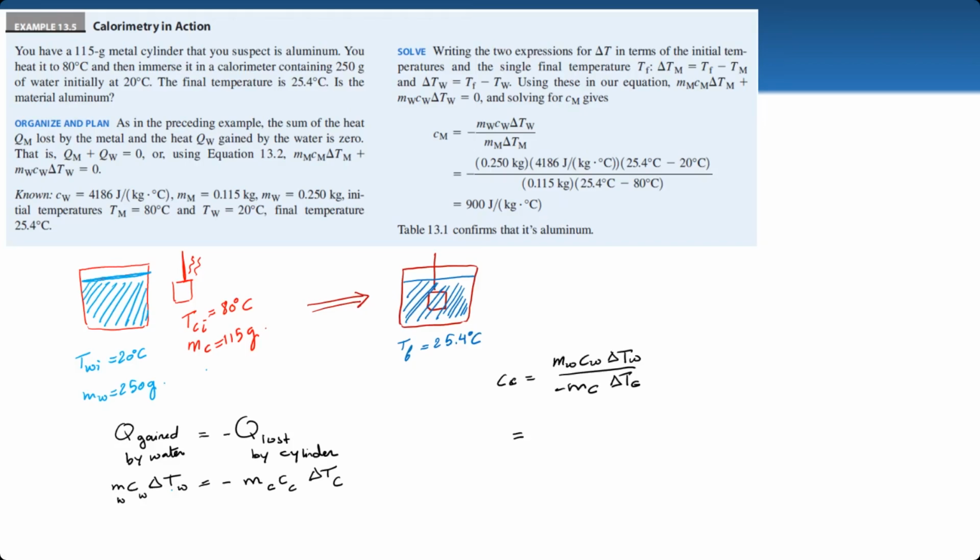The mass of the water is 250. I'm starting with some substitutions. Specific heat of water, in the book, it's not given to you, but in problems. In the exam, it is clearly given to you. In the book, they tell you to always check the table of constants so they don't have to write it every single problem.